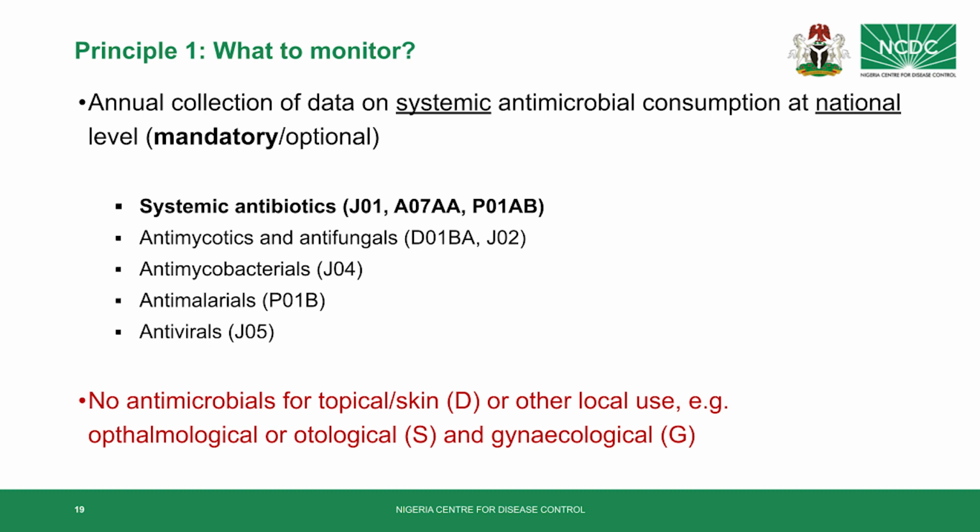These are the anatomic, therapeutic, and chemical categorization of antibiotics. So no antimicrobials for topical or skin or other local use are to be monitored. Basically, it is the systemic antibiotics that are considered. So you can look at all the systemic antibiotics.